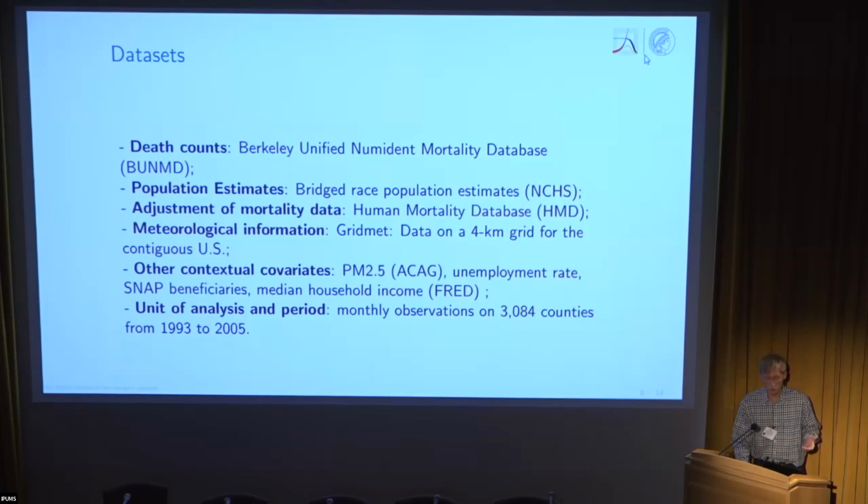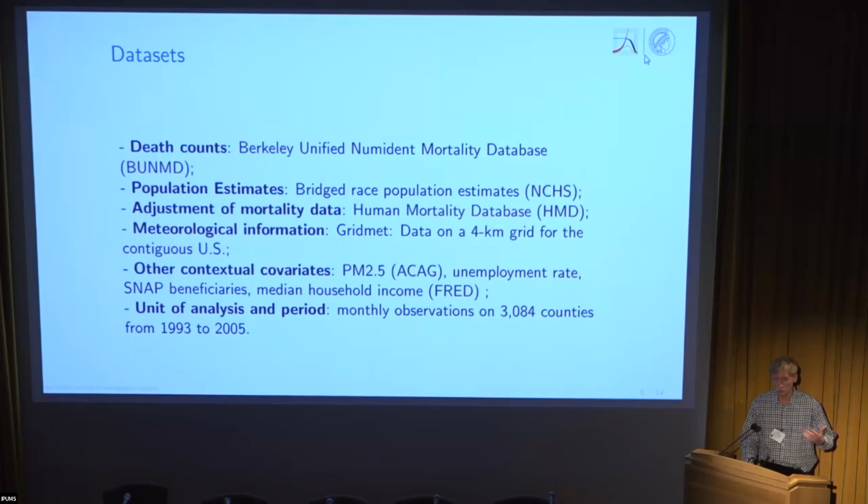When it comes to meteorological information, we use the GridMET data, a high quality gridded dataset for meteorological variables that has a resolution of 4 kilometers, and we use the mean of the 4-kilometer grids in each county. In this dataset, we have information on temperature, precipitation, wind speed, and solar radiation.